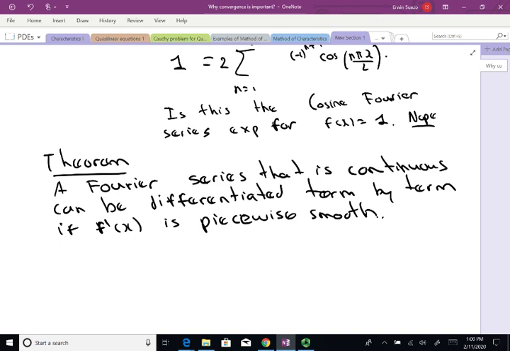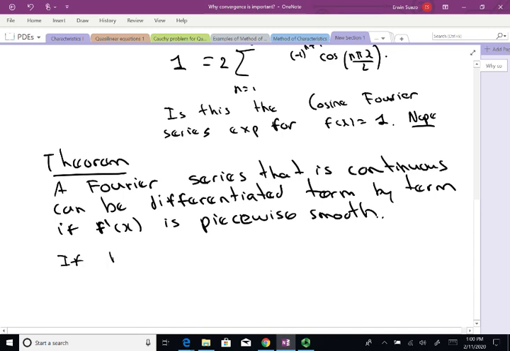There is a second version of this theorem, because it looks like we don't have enough information. So I like this version better.